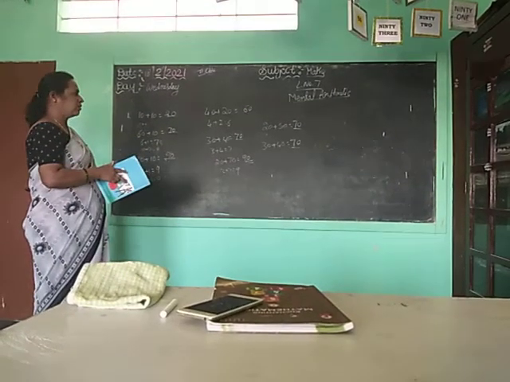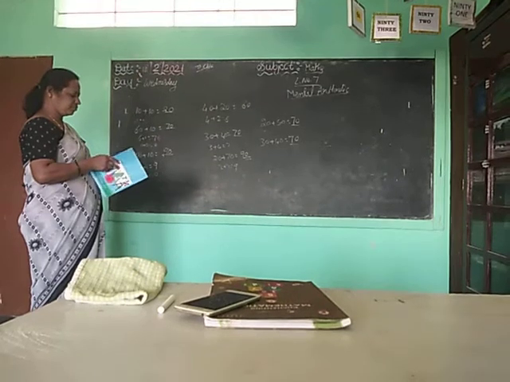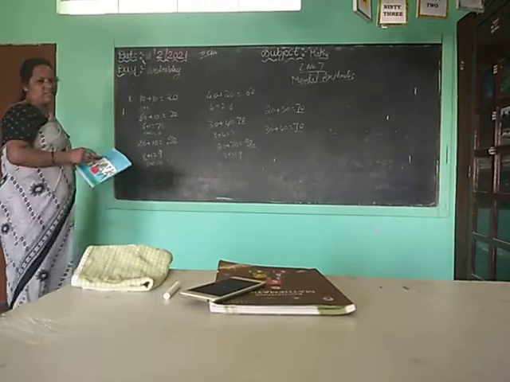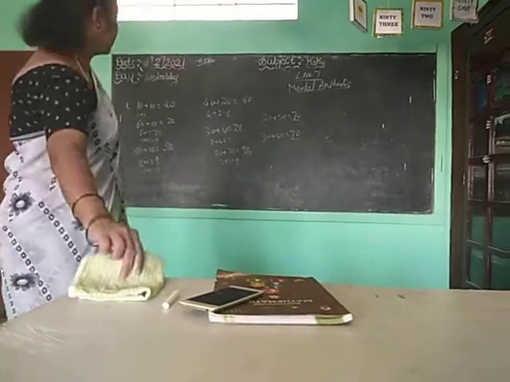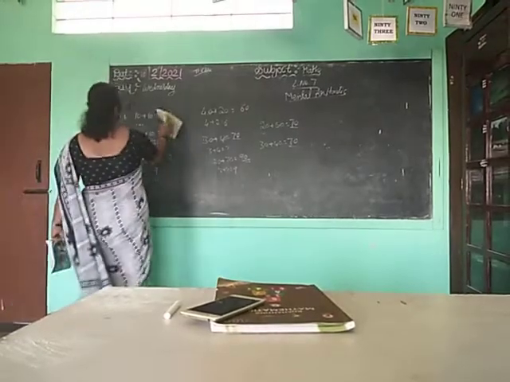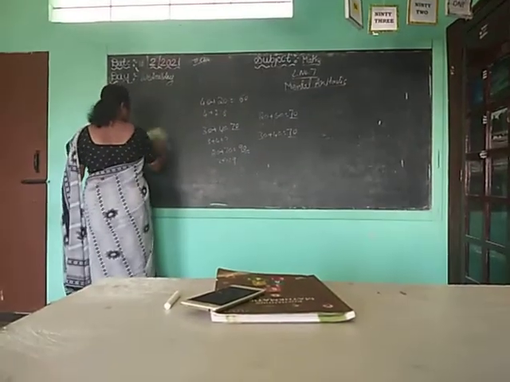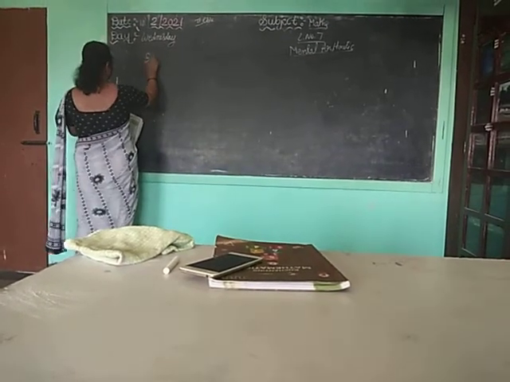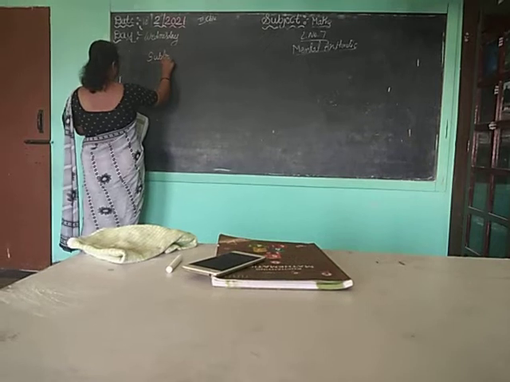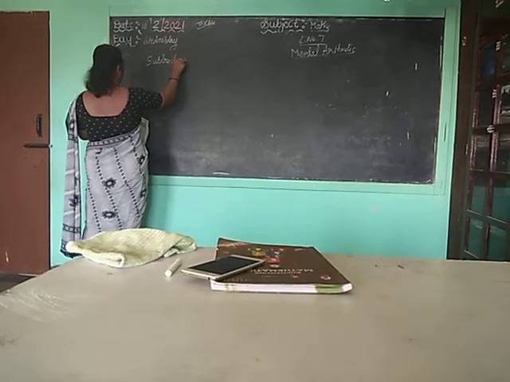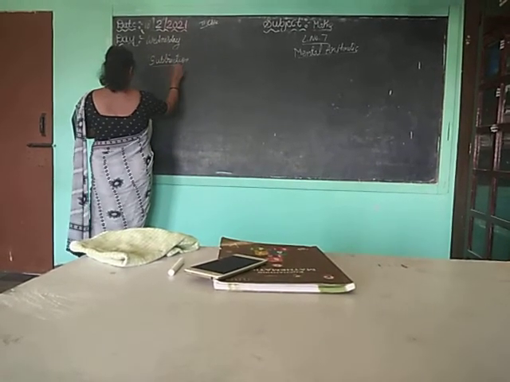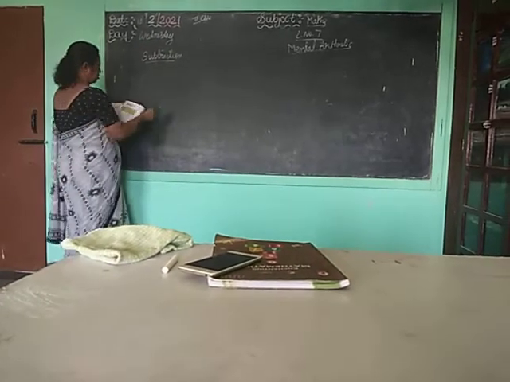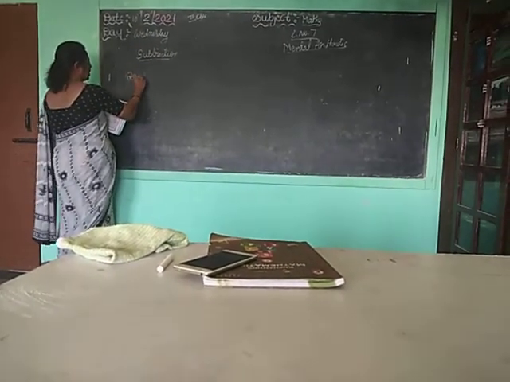Coming to page number 154, children. That is subtraction. This is addition of tens we have done. Now it is subtraction. See, children. 20 minus 10.